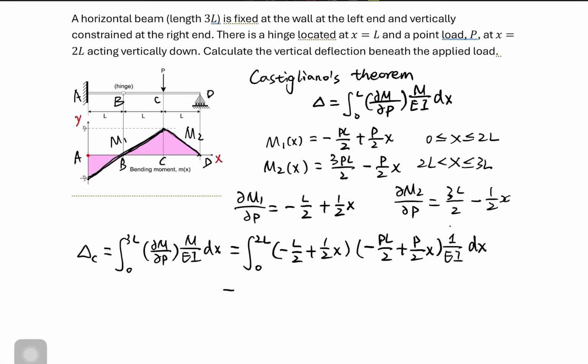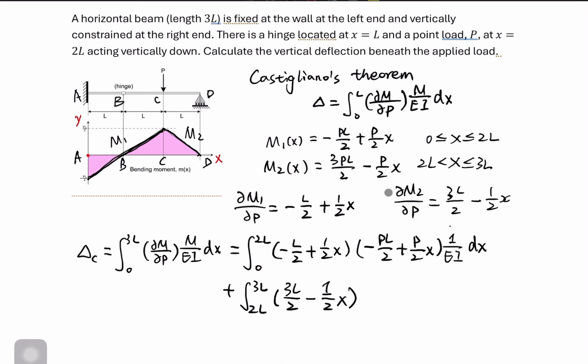And the second part is from 2L to 3L, where partial M over partial P is evaluated by M2. So partial M2 over partial P is 3L over 2 minus 1 over 2 x.